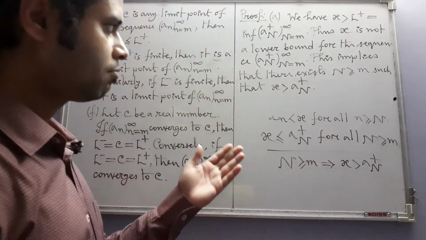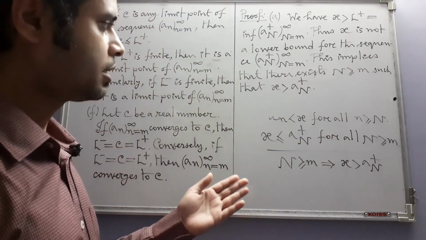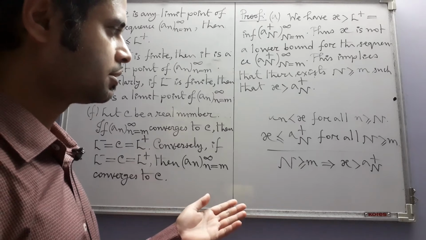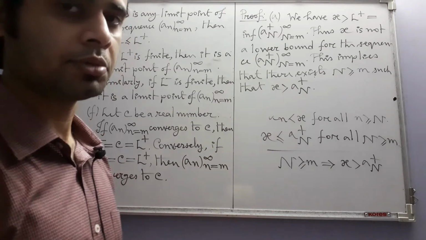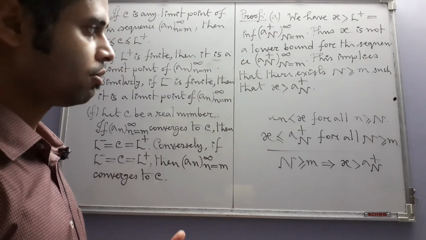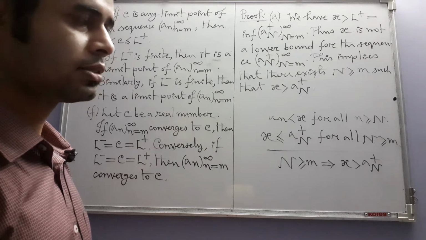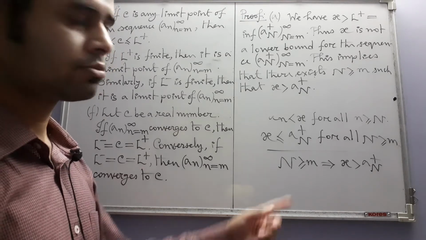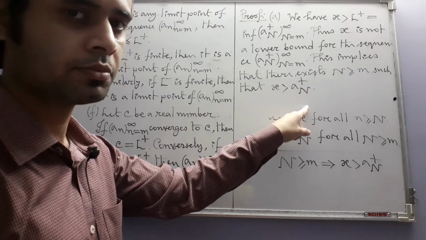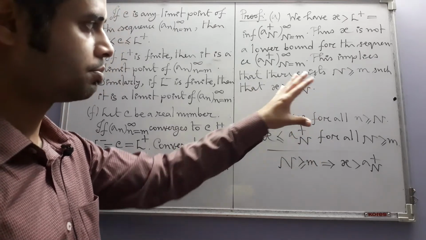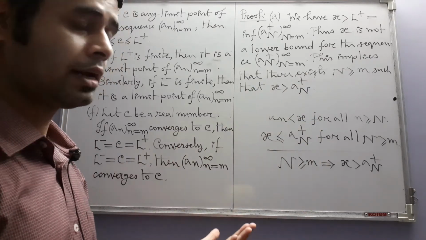And a_N plus is what? a_N plus is the supremum of the sequence that starts with capital N. That means all the terms in that sequence are of course less than or equal to this supremum, which is by definition an upper bound.